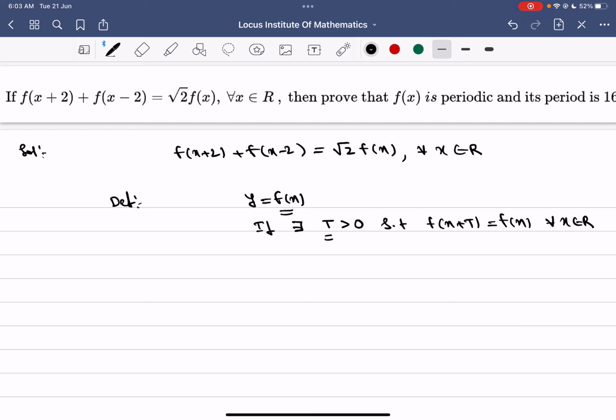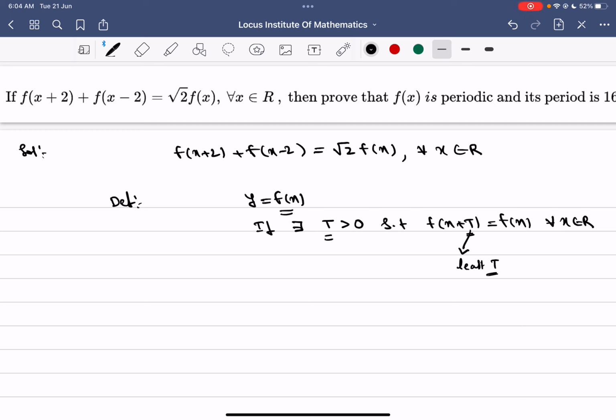So from all those t values, the least positive t is called the fundamental period. So this is the definition of the periodic function.